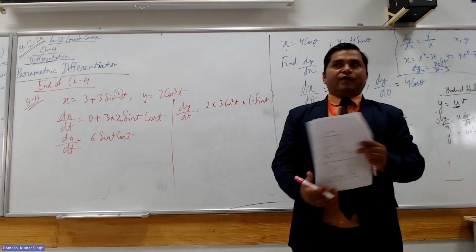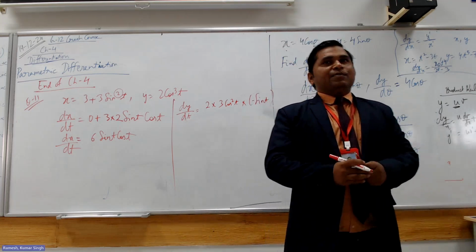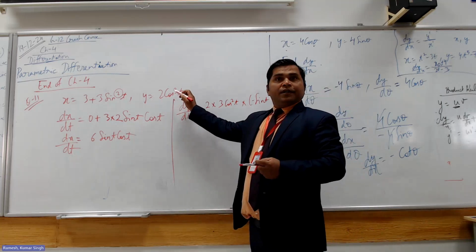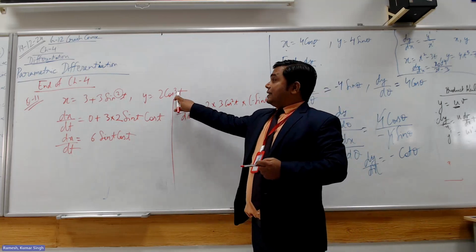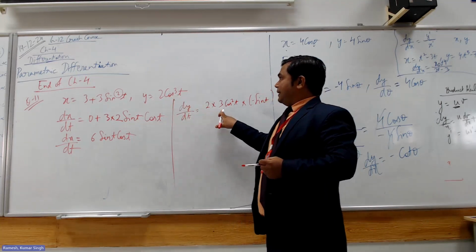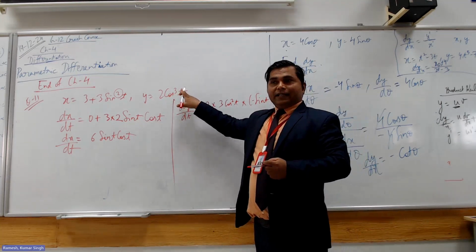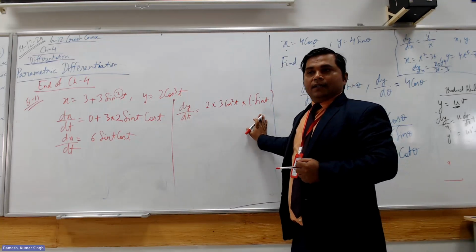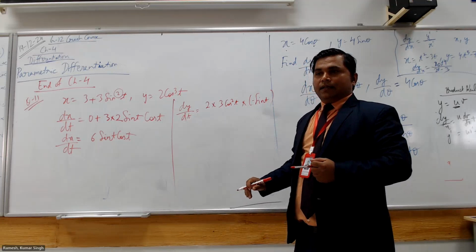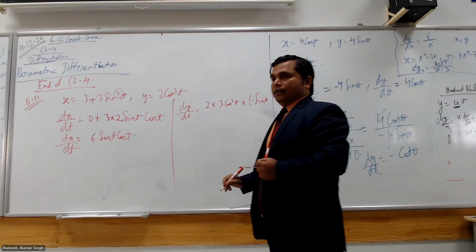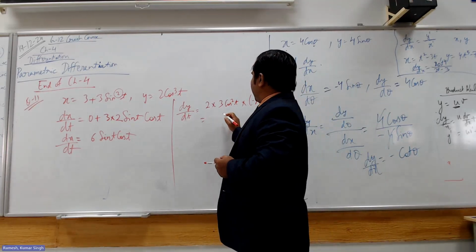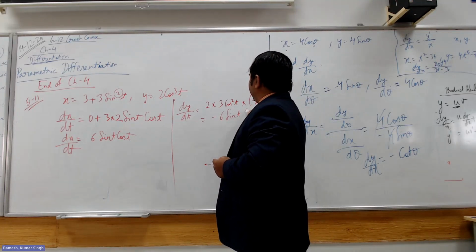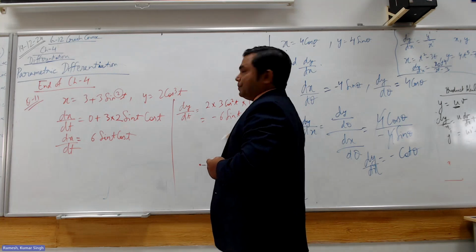Am I making sense, everyone? Is this part clear? So first we differentiate the power. This is 2 times 3 cos square t, differentiation of cos is negative sine. So you get negative 6 sine t cos square t.